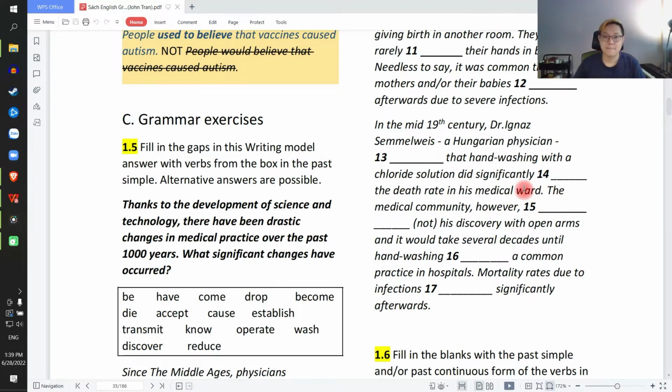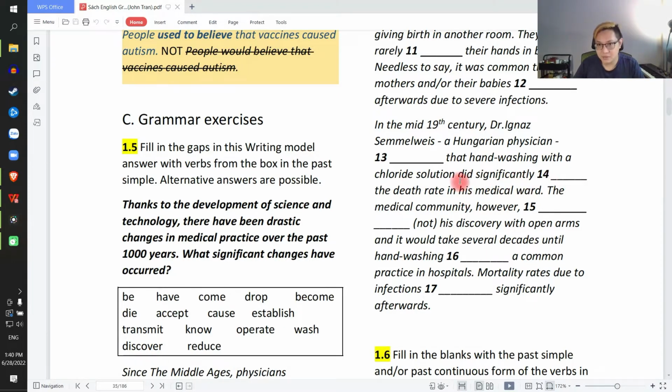Ở giữa thế kỷ 19, bác sĩ Ignaz Semmelweis, một người bác sĩ người Hungary đã khám phá ra rằng cái chuyện rửa tay với cái dung dịch chloride, tức là dung dịch có chứa Cl trừ, đã giảm thiểu, đã reduce.